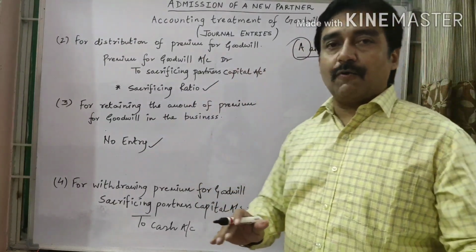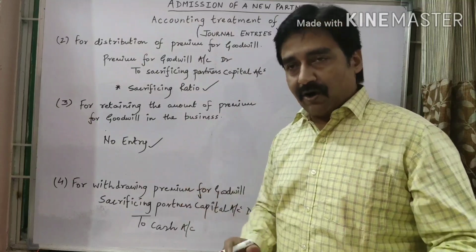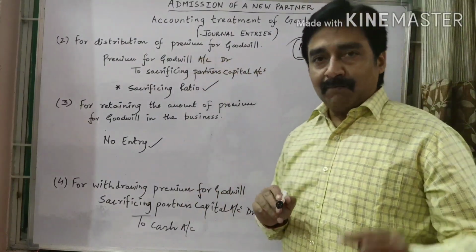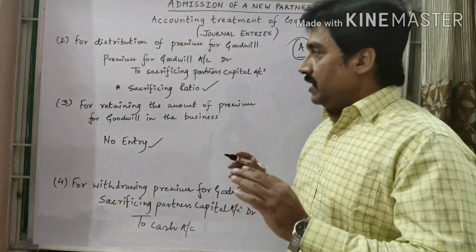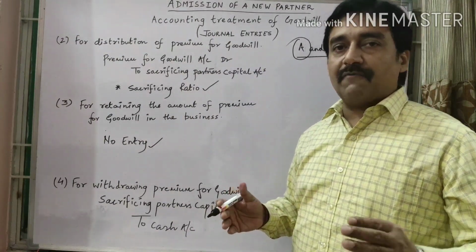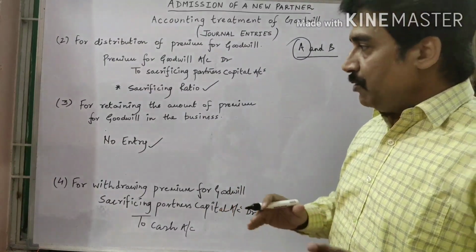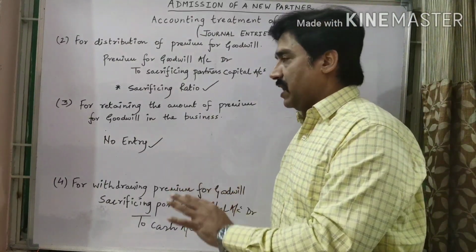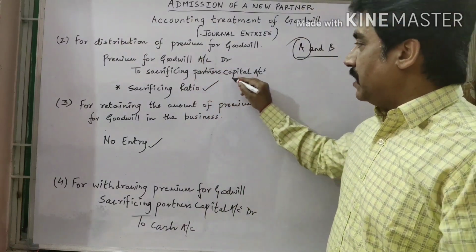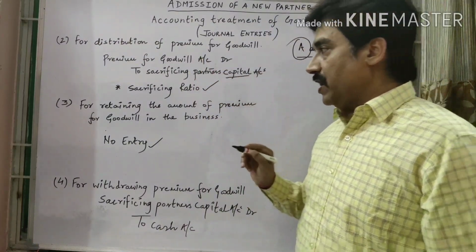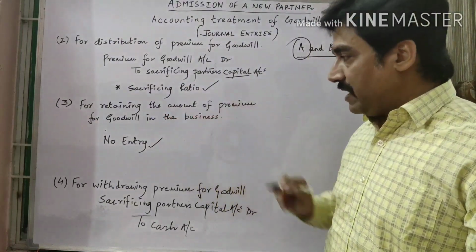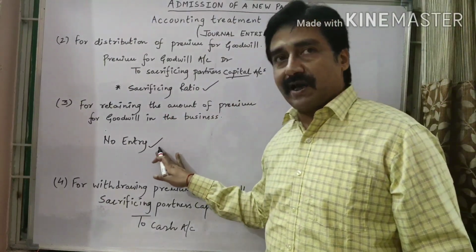You just don't have to pass any entry for that, because when you have distributed the premium for goodwill amongst the sacrificing partners, it is already retained in the business. You don't have to do any special thing in order to get that premium retained. You have distributed and it is already retained in the capital accounts of the partners. So if the question tells you that the amount of premium is to be retained in the business, you don't need to pass any entry.